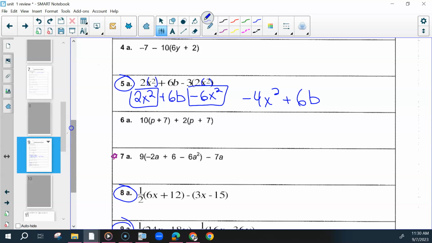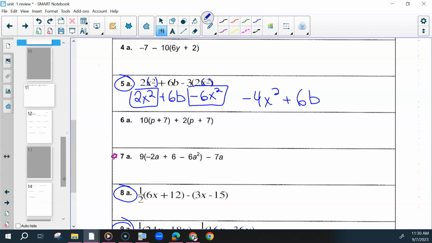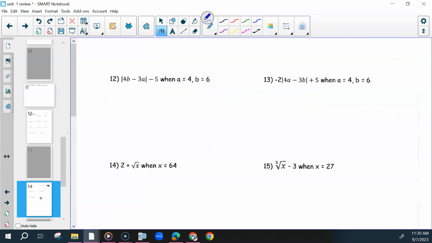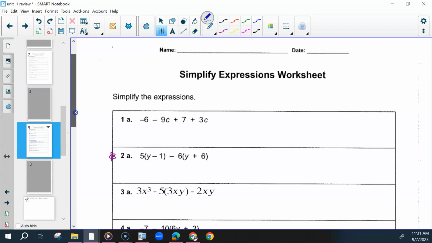If you were evaluating, where you're putting a number in and you're trying to get to one answer at the end, then yes, you would square.